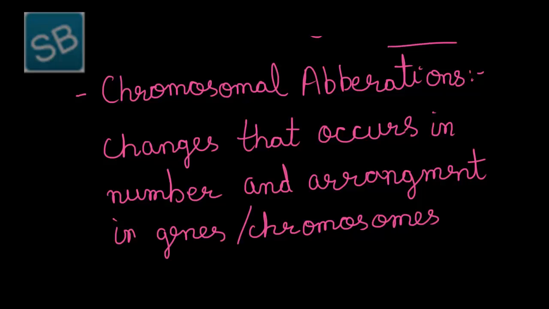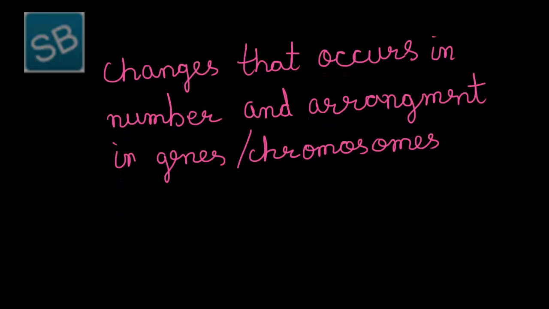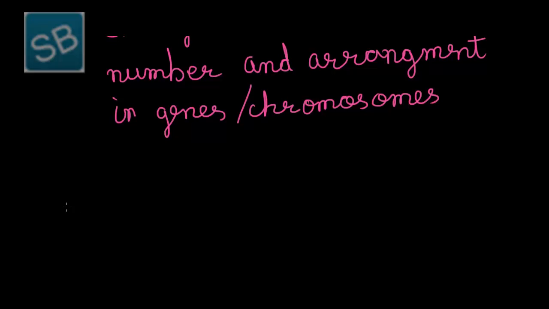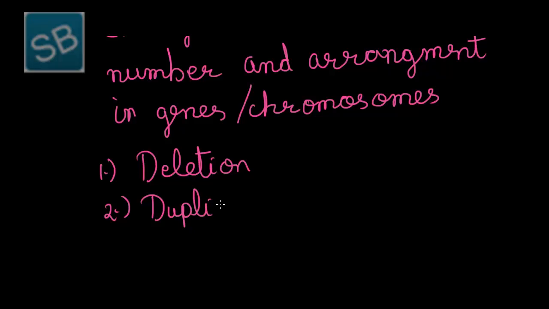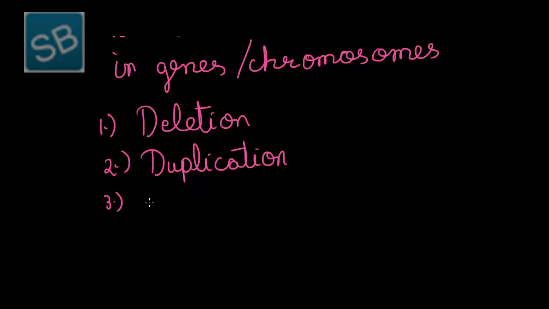Now, after studying about numerical change, let us start with the structural change. There are mainly 4 kinds of structural abnormalities or chromosomal aberrations, which include first, deletion, second, duplication, third, inversion, and then comes the fourth, that is translocation.